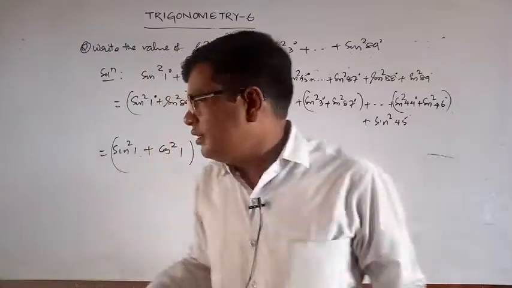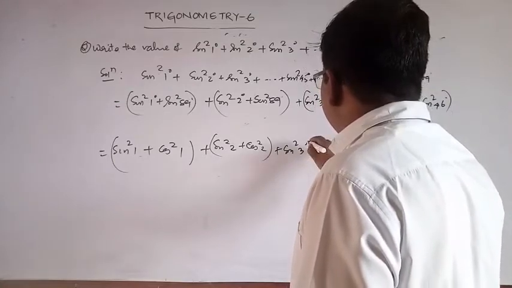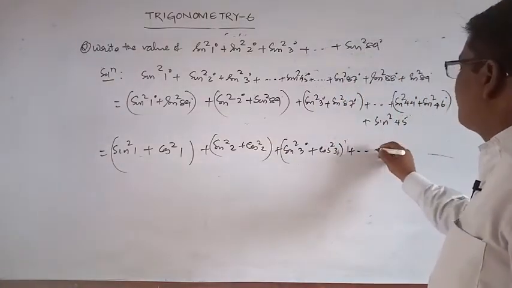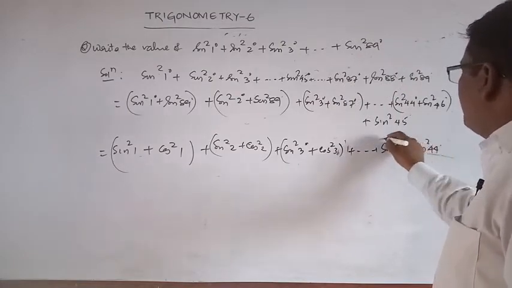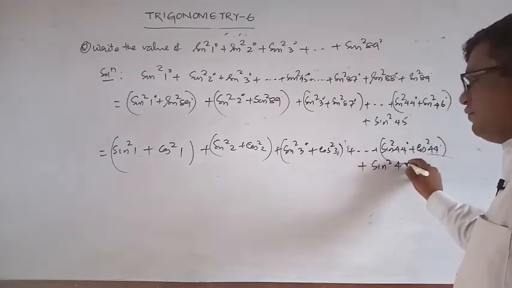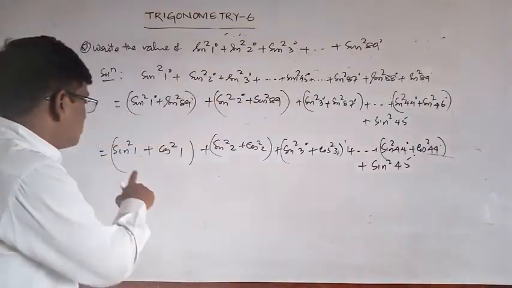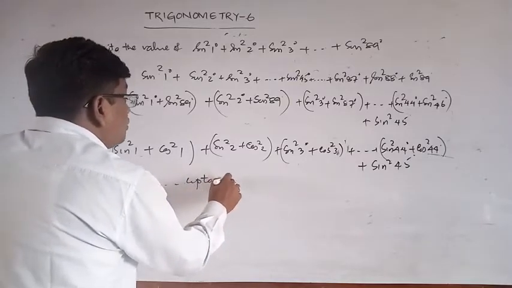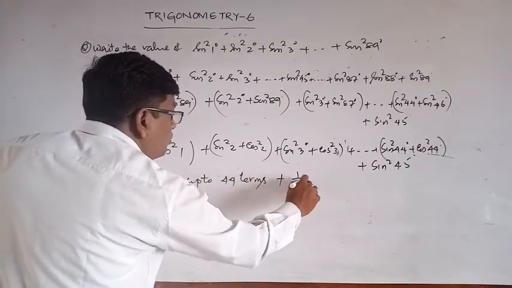This is sin²3° plus cos²3°, up to sin²44° plus cos²44°. Now sin²45° is here. Sin²θ plus cos²θ is 1, so 1 plus 1 plus 1 up to 44 terms, then plus sin²45°, which means (1/√2) whole square.